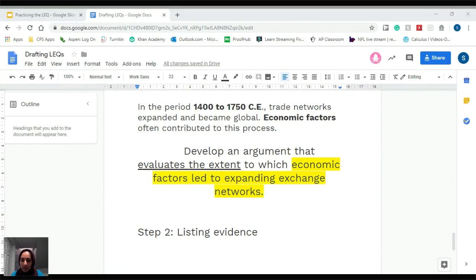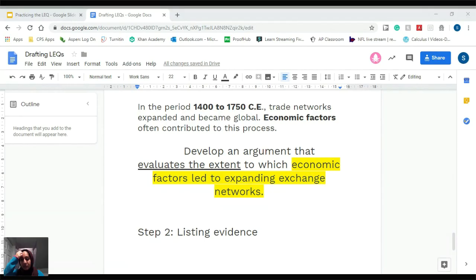Tributary system in China. So how did that lead to expanding exchange networks? In China or elsewhere? Because you can have evidence as long as you're able to back that evidence to the prompt.